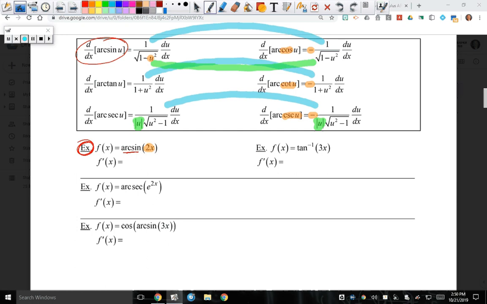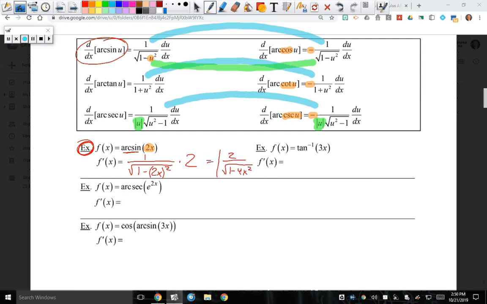So it would be 1 over the square root of 1 minus 2x in parentheses squared times what? Times 2. And simplifying this out, you would have 2 over the square root of 1 minus 4x squared.